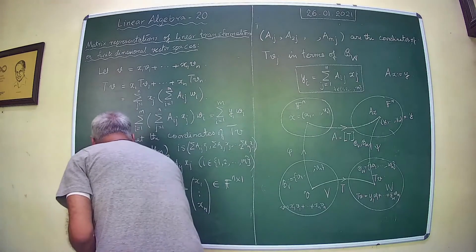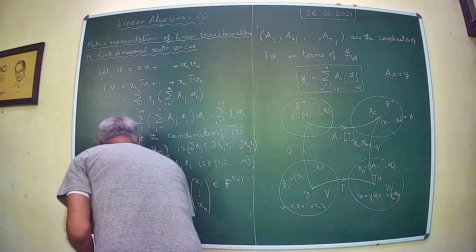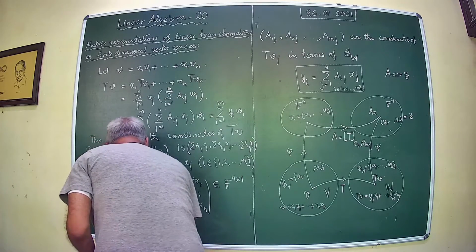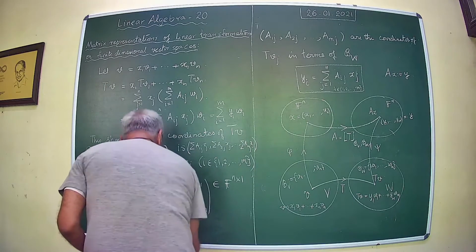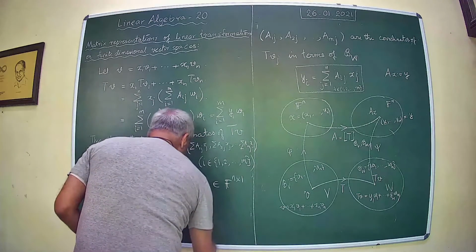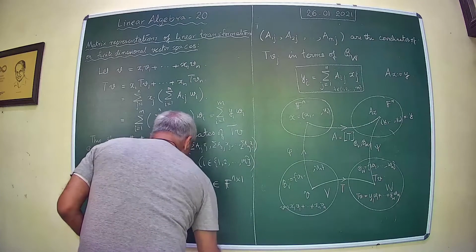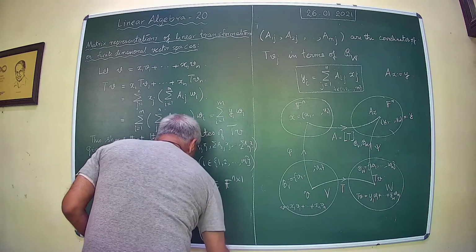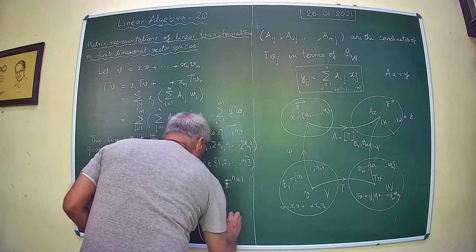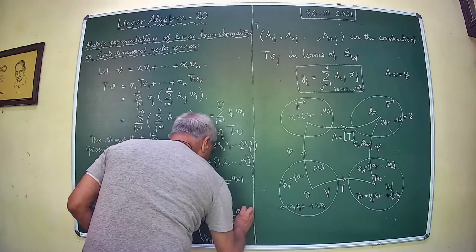Similarly, you identify with the column vector, this is an element of F m cross 1.